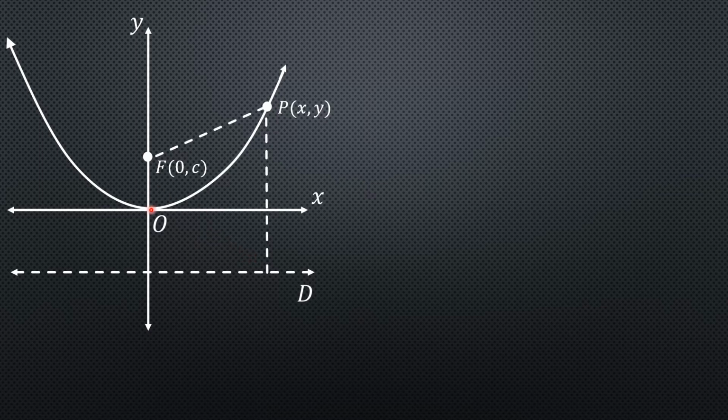Now, if the origin is a point on the parabola, or the point 0, 0 is a point on the parabola, then the distance between the focus and the vertex, or the origin, is equal to c units. And since the origin is also a point on the parabola, it must be equidistant to the focus and the fixed line.